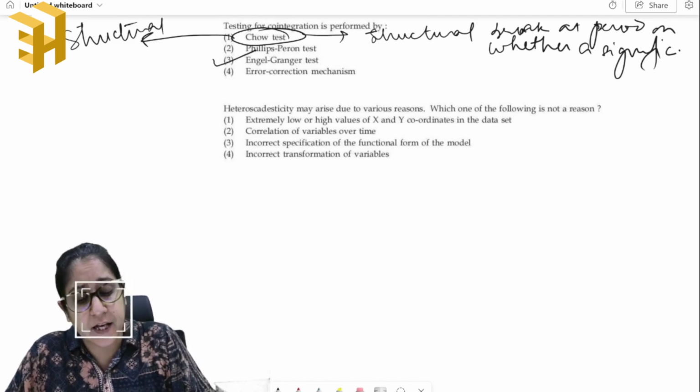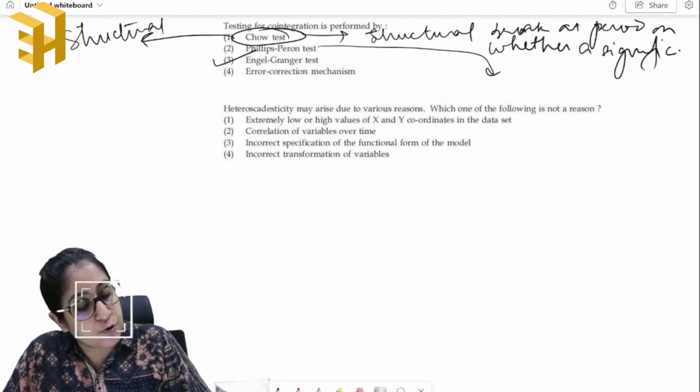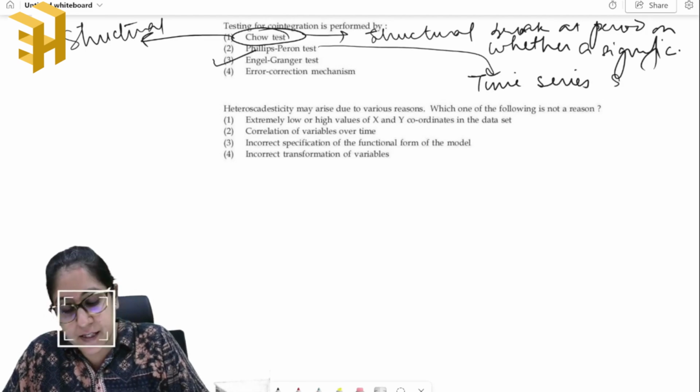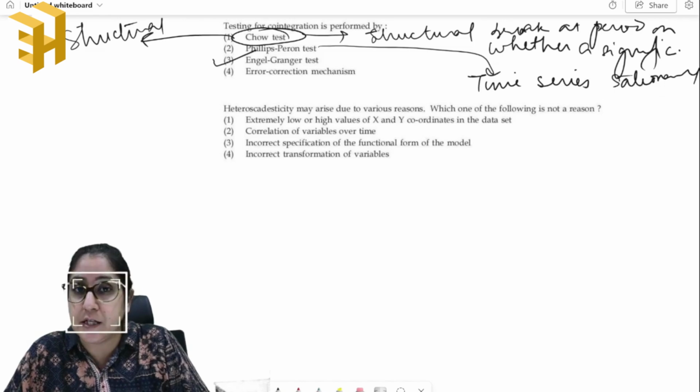Then second is the Phillips-Perron test. The Phillips-Perron test is to test whether the time series used in the model is stationary or non-stationary, the stationarity of a time series model, right?